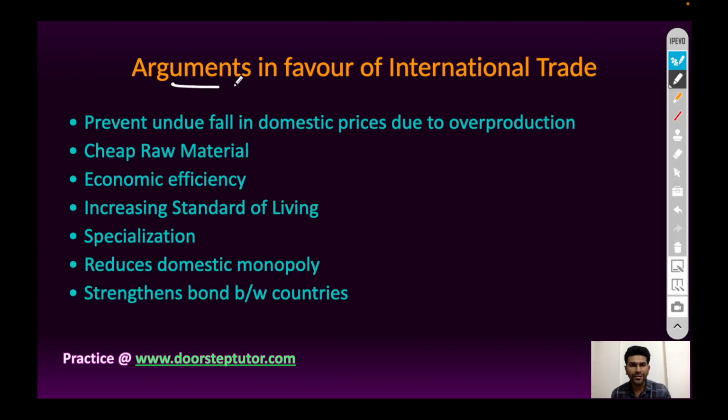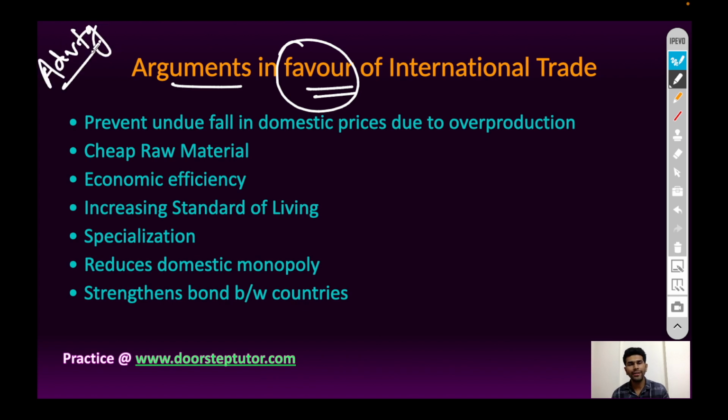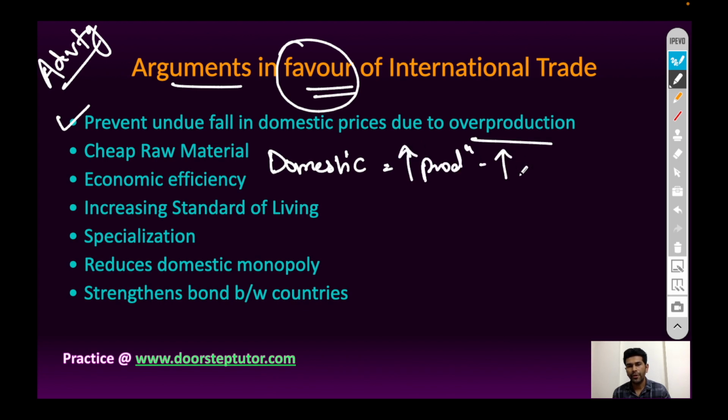What are the arguments in favor of international trade? Arguments in support of international trade means advantages of international trade. First point, international trade prevents undue fall in domestic prices due to overproduction. Overproduction in case of domestic business creates increase in supply.